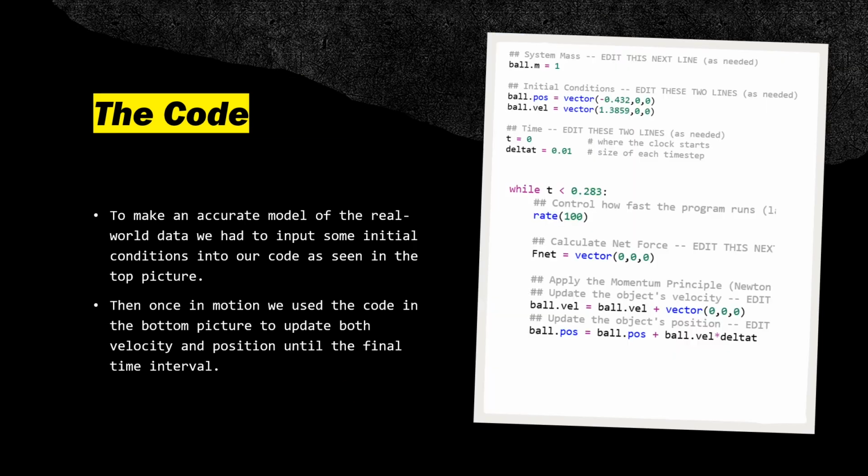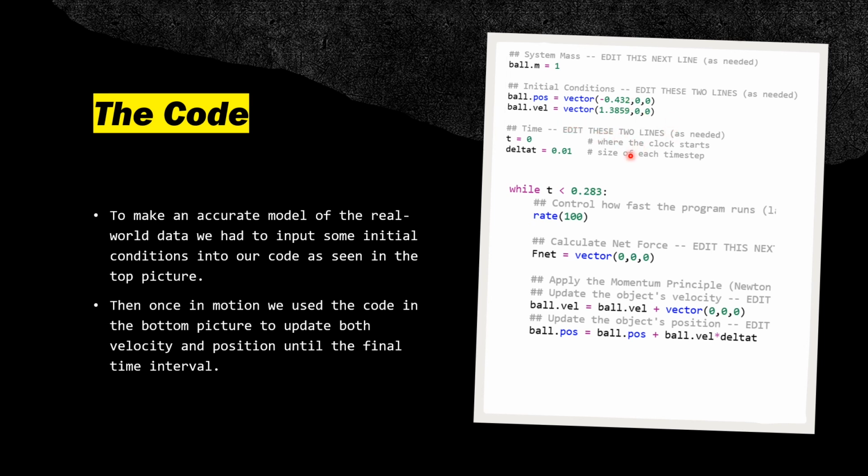So now moving into the code, to make an accurate model of our real world data, we have to input some initial conditions into our code, as seen in the top picture. So we just input the values that we found in the previous slide into our code.